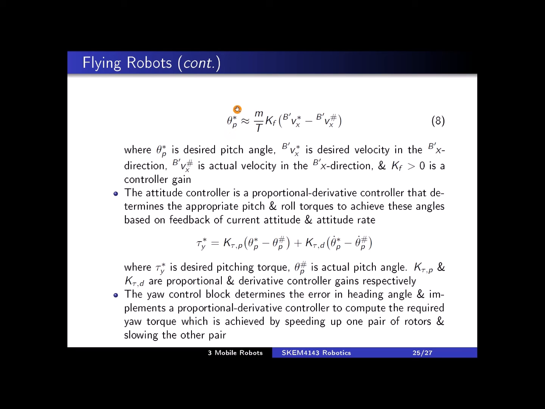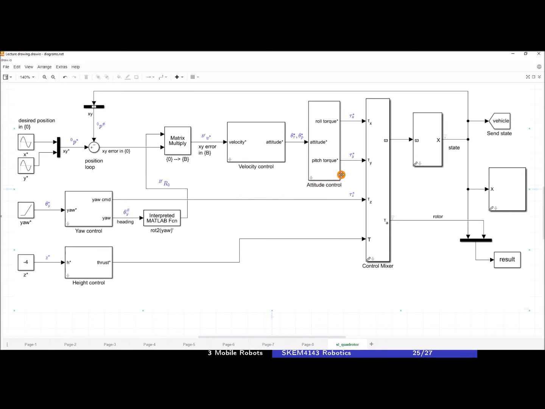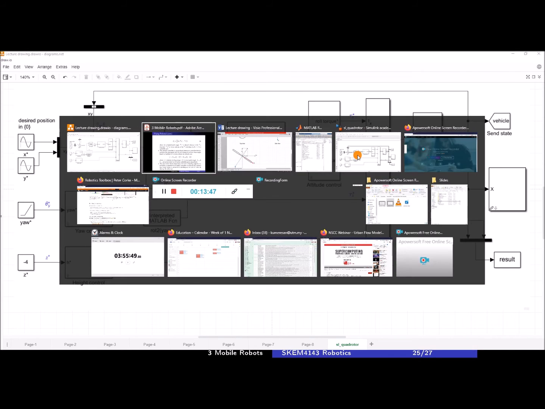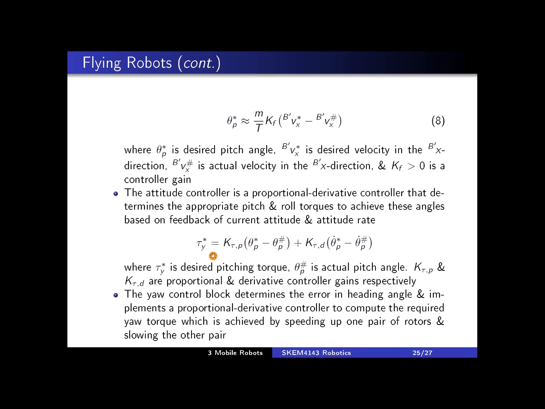So the output is the desired pitch angle, and this becomes the input to the next controller, that is the attitude controller. So this is the attitude controller. The output of the previous controller goes to the attitude controller, and the output of the attitude controller is tau x and tau y desired. So here is the equation for tau y star, which is the desired pitching torque.